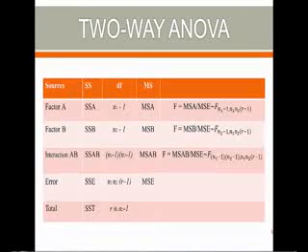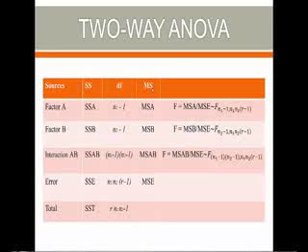All the above results can be represented in the two-way ANOVA table. We have the sources: factor A, factor B, interaction between A and B, the error, and the total. The degrees of freedom that we just derived are put in this column here.